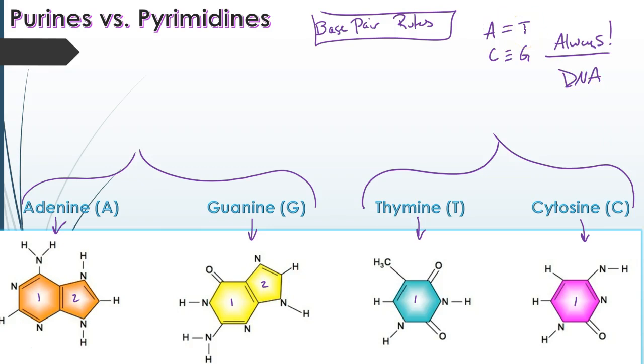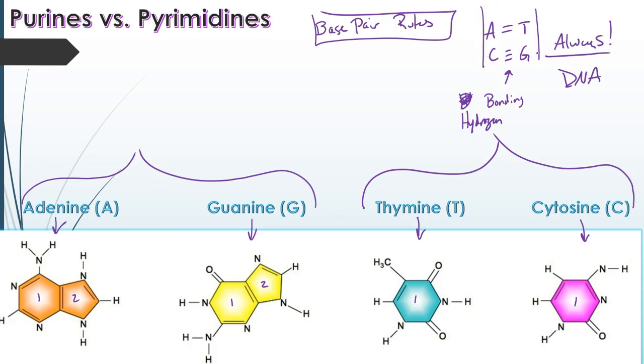A pairs with T and C pairs with G. Now you'll also notice that I wrote 2 lines between A and T, and I wrote 3 lines between C and G. These are the bonding, and I should say hydrogen bonds, okay, that hold this strand and this strand together.